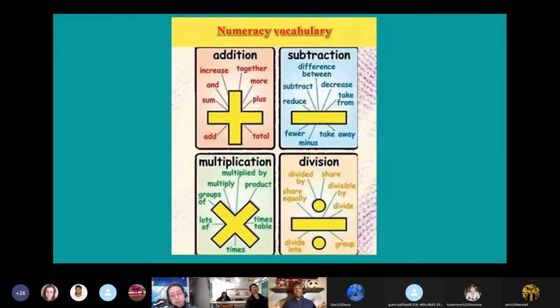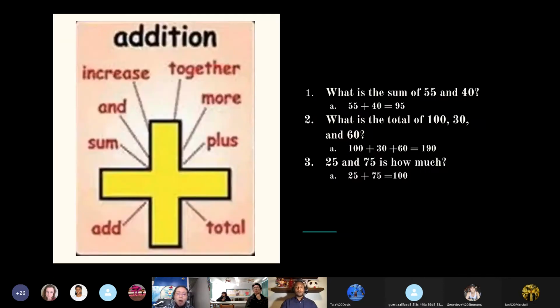And we have our basic math operations, which we will call addition, subtraction, multiplication, and division. And so I won't spend a whole lot of time on this particular slide because we are going to look at each one of these a little more in depth. So I'm sorry that it's a little blurry here, but addition will be our first one.